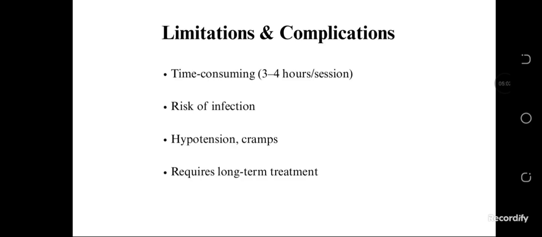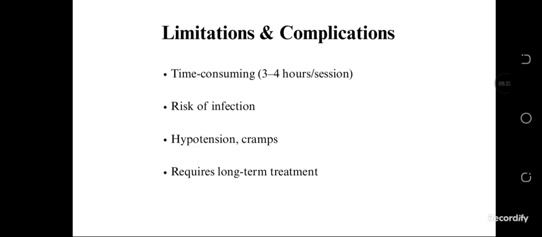Next, we see the limitations and complications. The major limitation of the hemodialysis machine is that it is time consuming. It takes 3 to 4 hours per session. For conventional intermittent hemodialysis only, it takes 3 to 4 hours. But in SLED, it takes up to 6 to 12 hours.